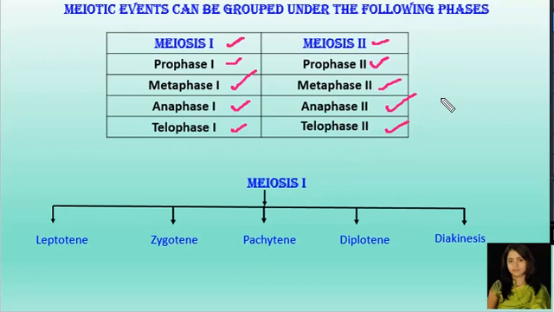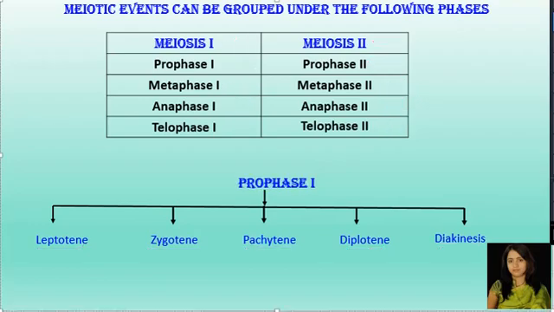Now we need to discuss in detail about meiosis 1. Under meiosis 1, prophase is a stage where complex processes and important events take place. So for our convenience, we have studied it under 5 stages. They are leptotene, zygotene, pachytene, diplotene and diakinesis.